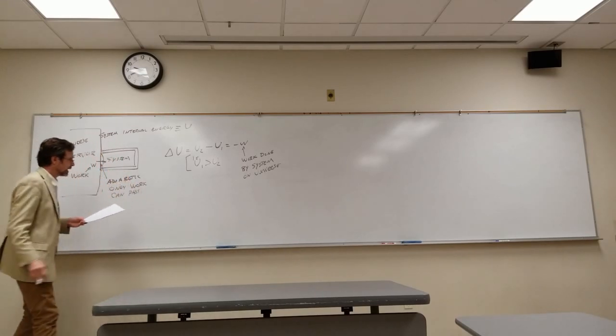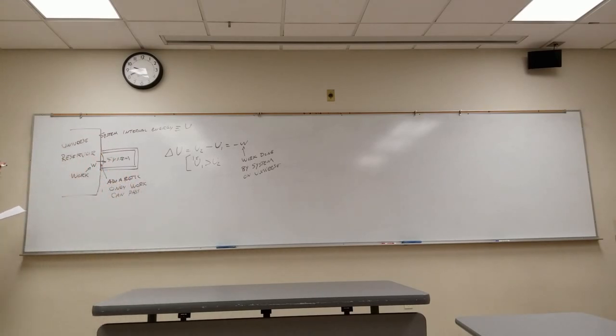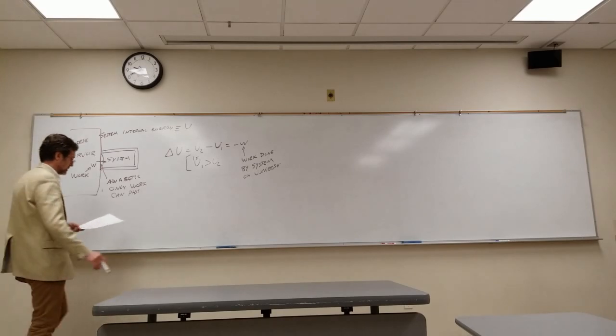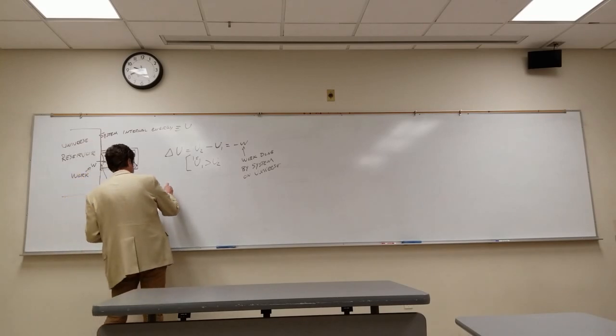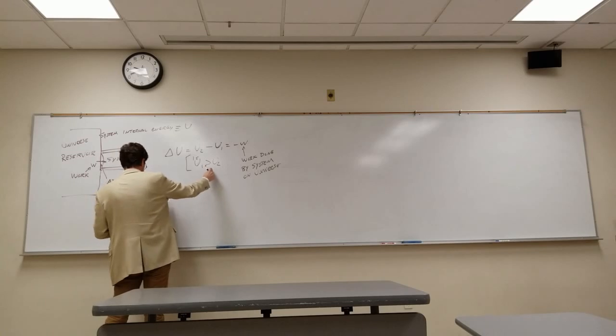I do theory for a profession, and I find myself constantly making tiny mistakes. So one of the tricks that I do to make sure that I actually understand what's happening is I put in kind of bogus numbers. So I'm saying U1 is less than U2.